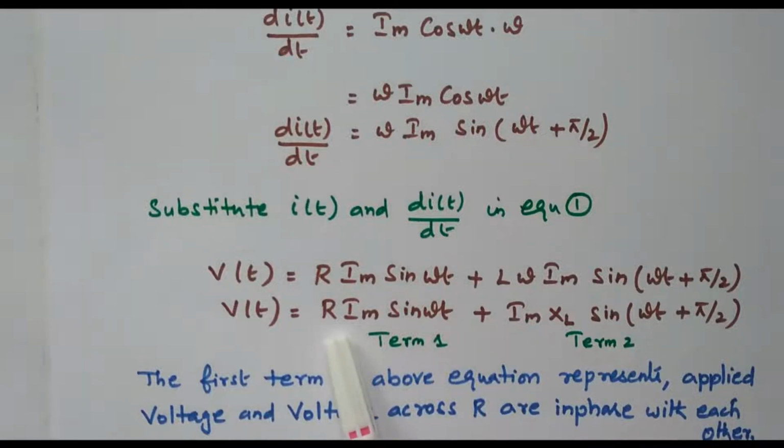This can be written as R Im sin omega t, and omega into L is nothing but XL, the inductive reactance. So Im into XL sin(omega t plus pi by 2). Now we got two terms, term 1 and term 2, and we can analyze these two terms.